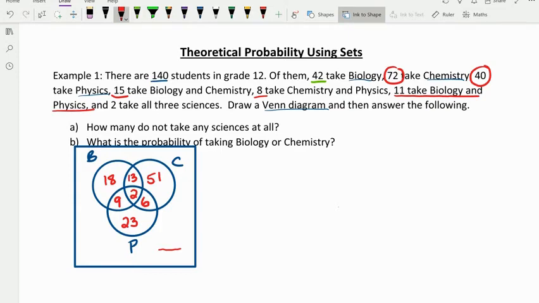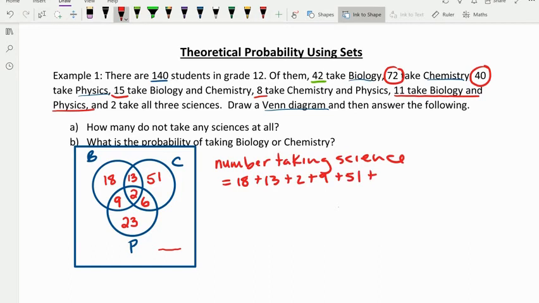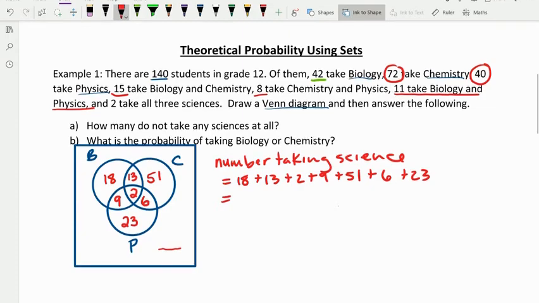And if we total in the center, so total number of people taking science, if we add those up, our 18 plus our 13 plus our 2 plus our 9 plus our 51 plus our 6 plus our 23, okay, if we total those up, we are going to get 122.